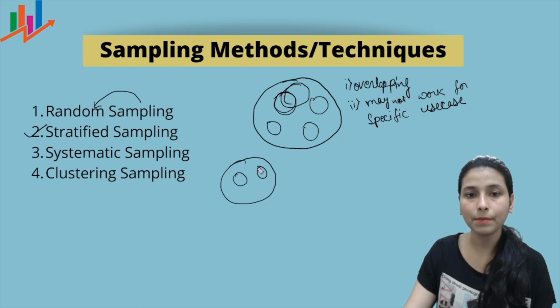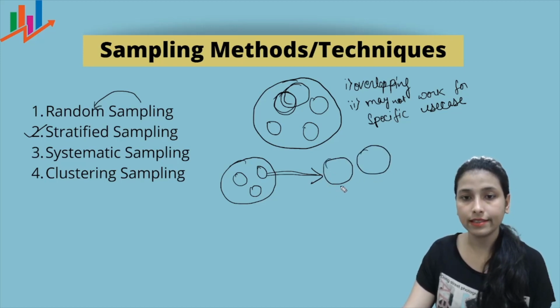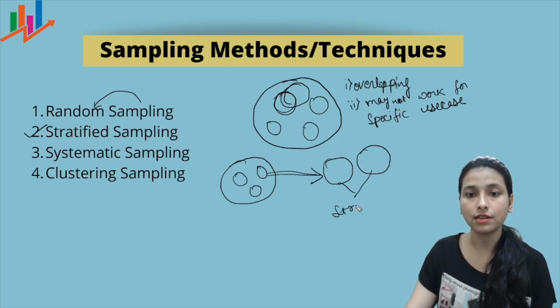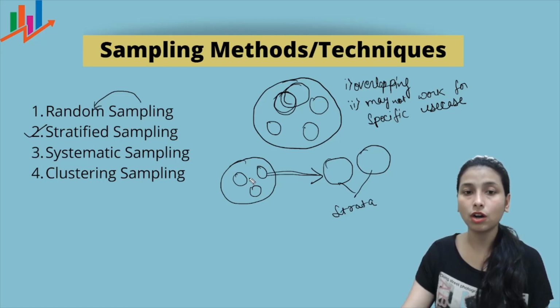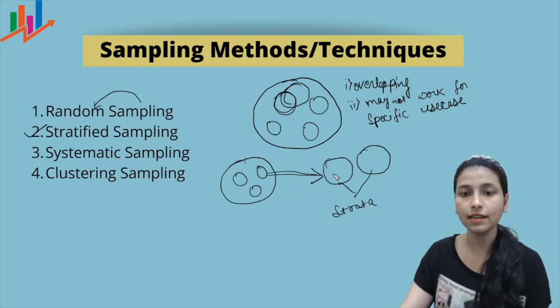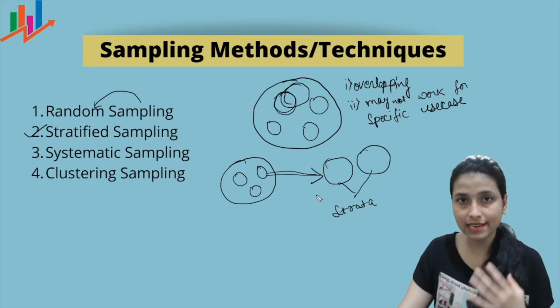The sample that we take out from this population will be divided in the form of strata. Let's say these two are strata that we took out from this population data. These strata should always contain homogeneous kind of data.